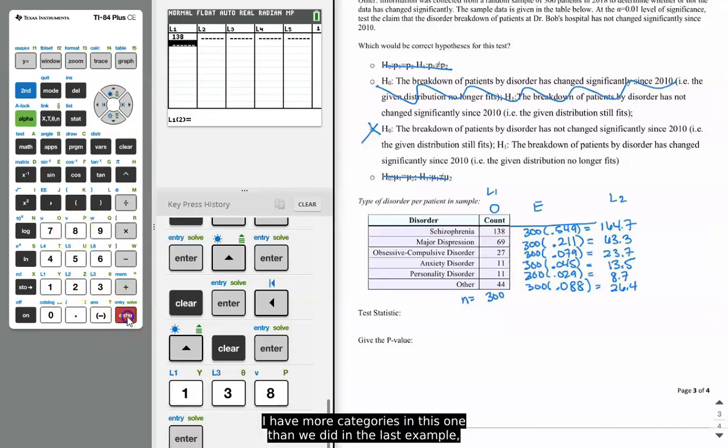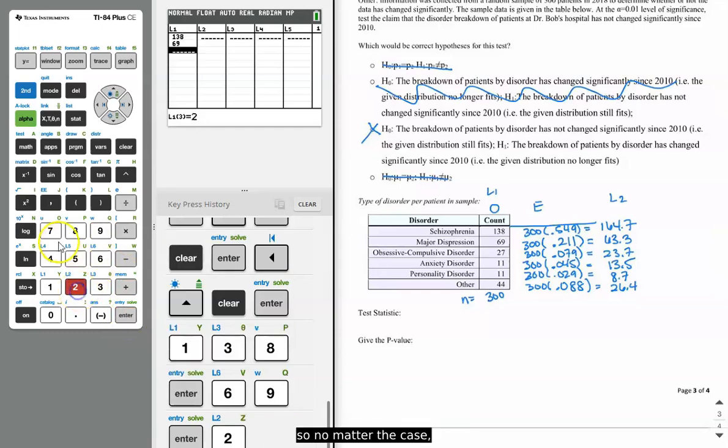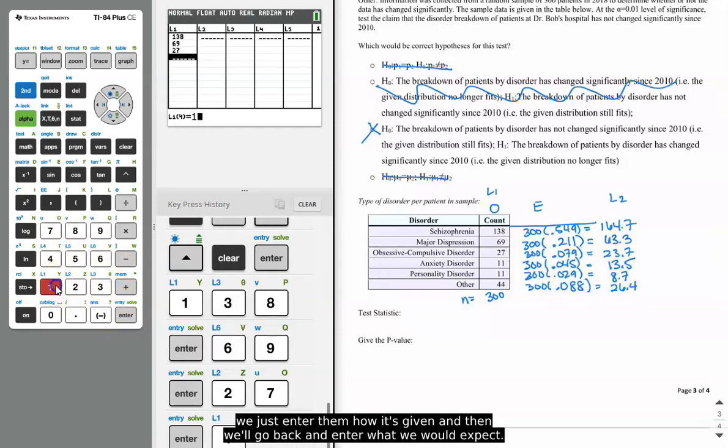So I have more categories in this one than we did in the last example. No matter the case, we just enter them how it's given, and then we'll go back and enter what we would expect.